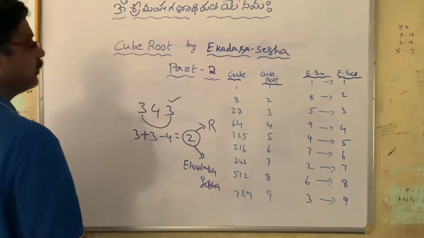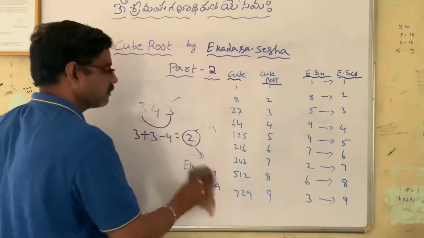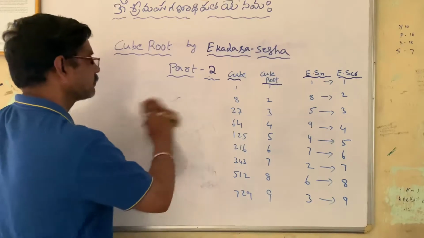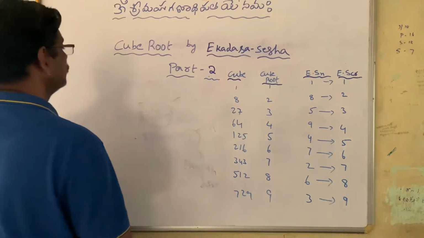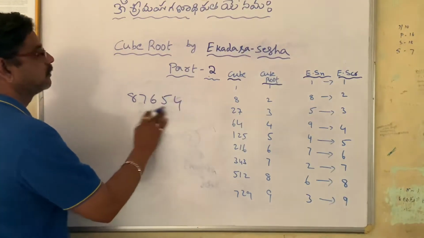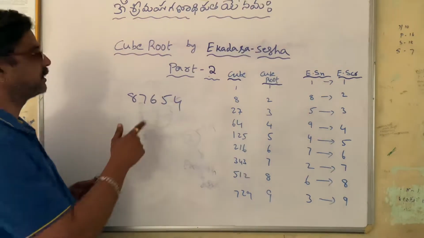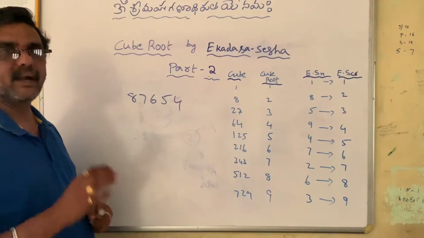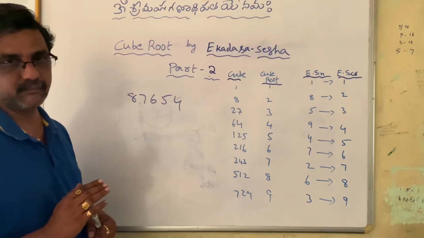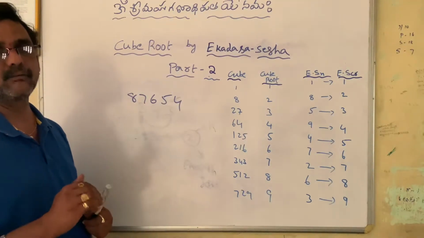Suppose we take another number, 87654. What is the Ekadasi Sesha of this number? That means what is the remainder when we divide this number by 11? That is what we are going to find out.